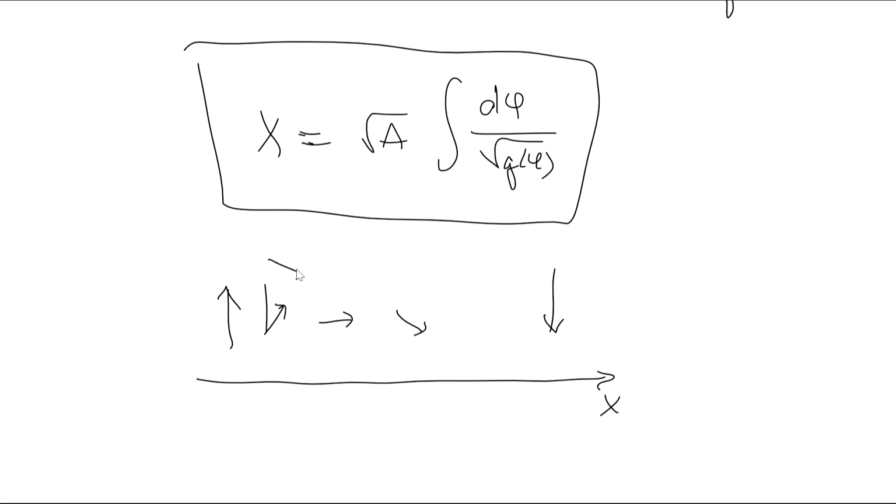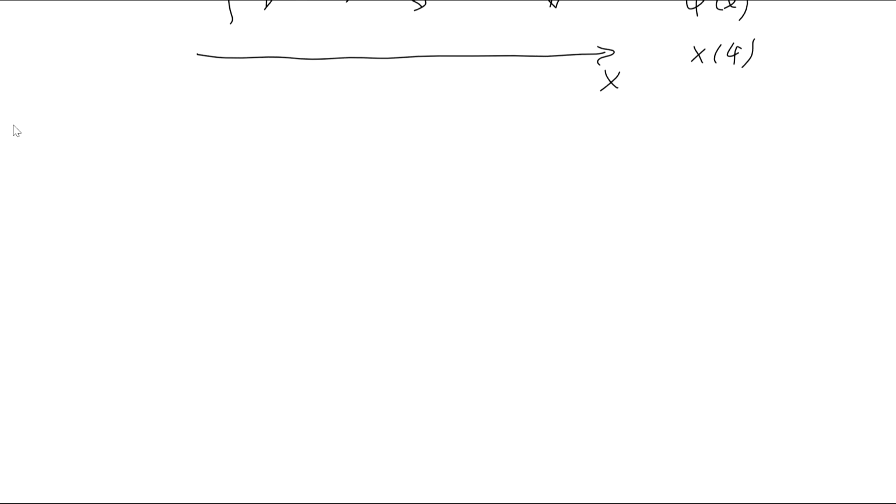This is the φ angle here, and we are looking for φ as a function of x, or x as a function of φ. Of course, we can do that if we know what type of anisotropy we have. So let's work out the example.